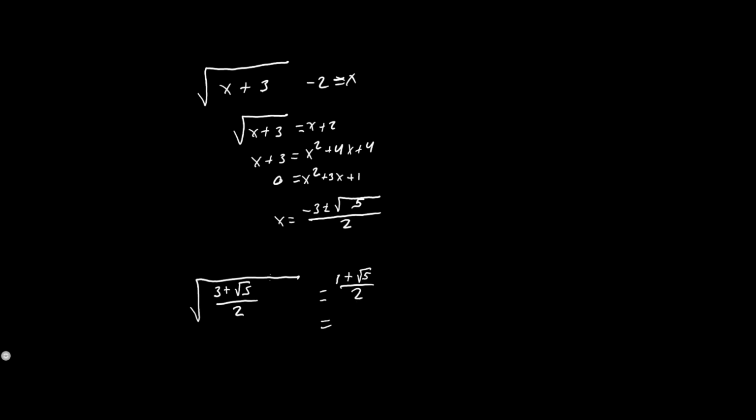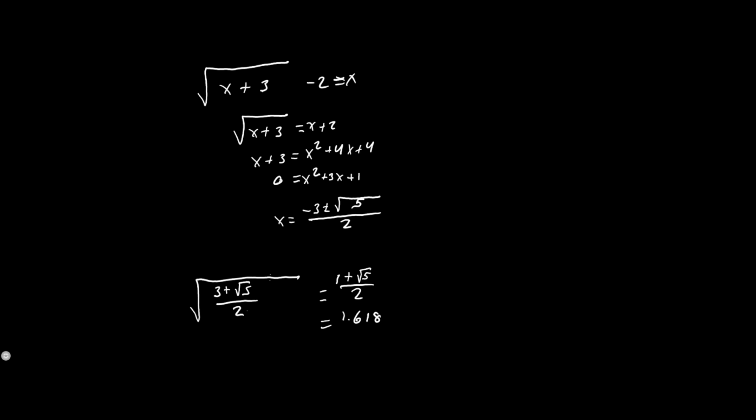And the value of 1 plus root 5 over 2 is simply 1.618.